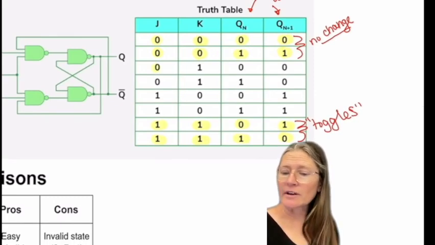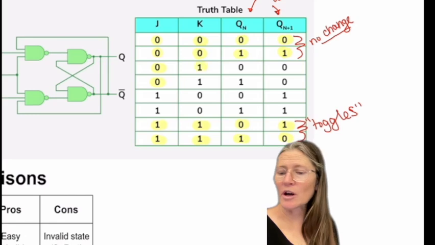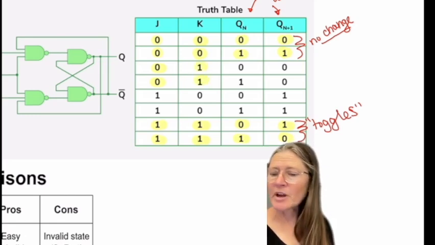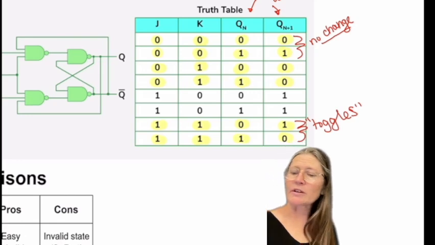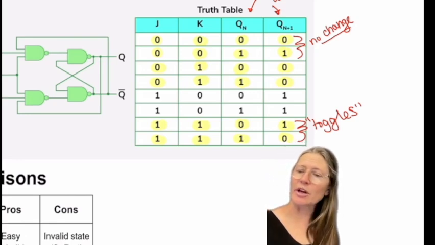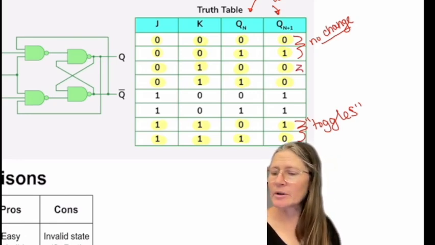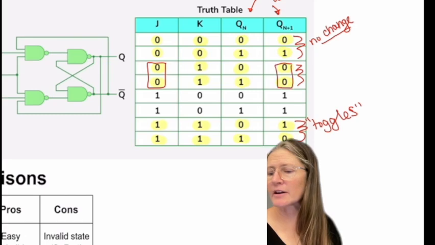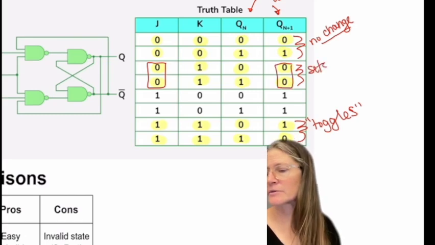The other one is if J is 0 and then your K is opposite, 1. Then no matter what you have, it just sets it to a 0. So if your J is 0, it sets to 0.